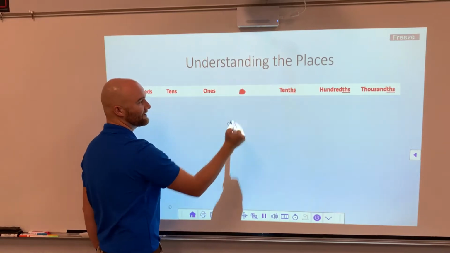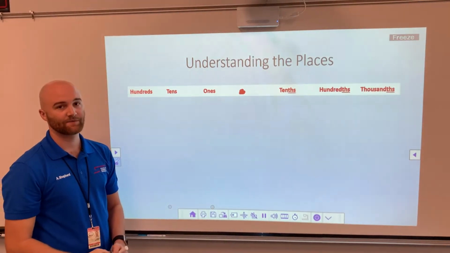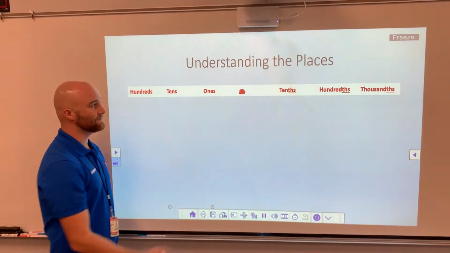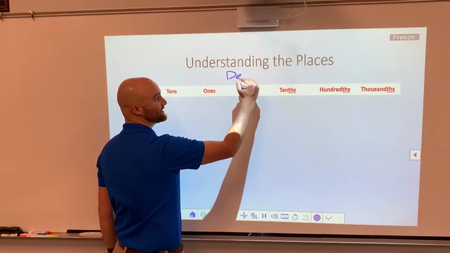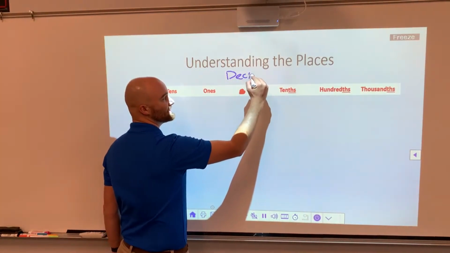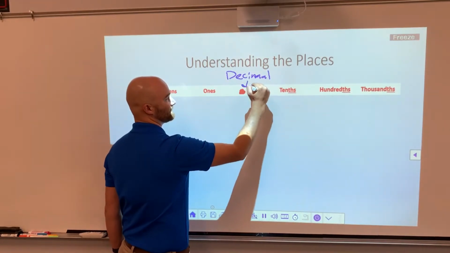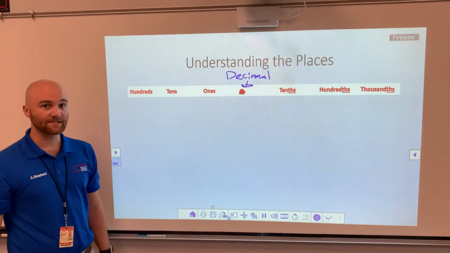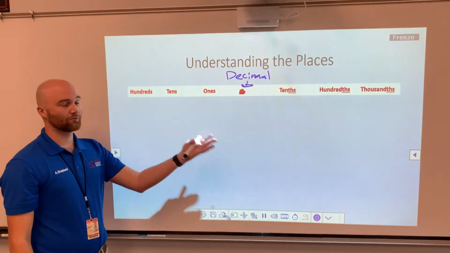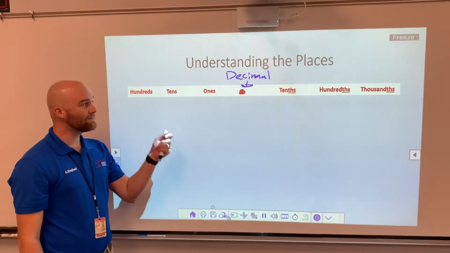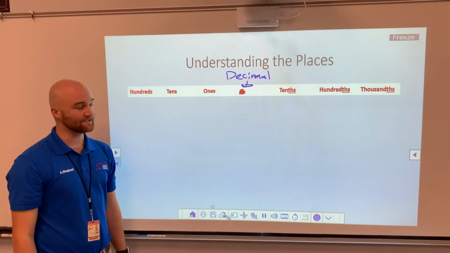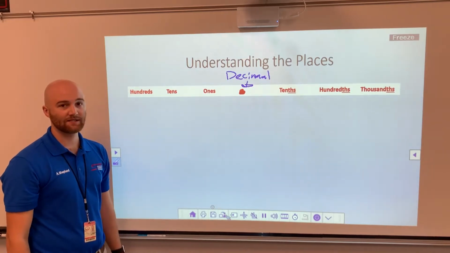I'm going to make it a little bit bigger so that way it's easier for us to see. We've got this decimal right here, and the decimal tells us how much each one of these is worth. And it tells us by whether it's to the left or right of that decimal, and how many places away from the decimal it is.